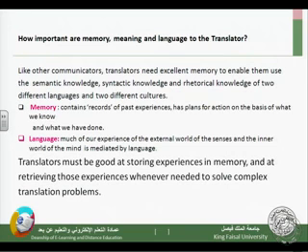In other words, if you want to become a translator and a very good translator, you really need to have an excellent memory. Why? Because you need to store experiences, and you need to retrieve. It means to call back these experiences when you have any problems in translation. So this is very important.